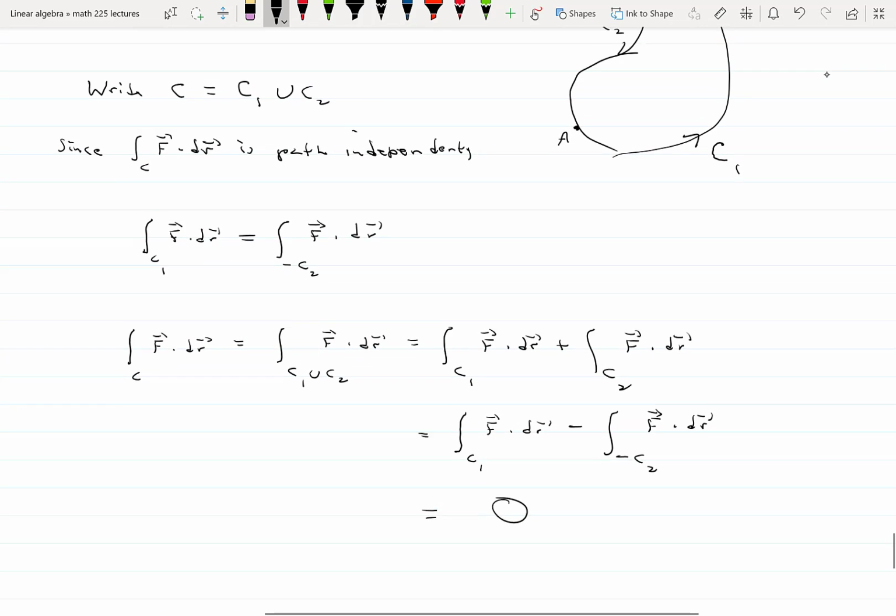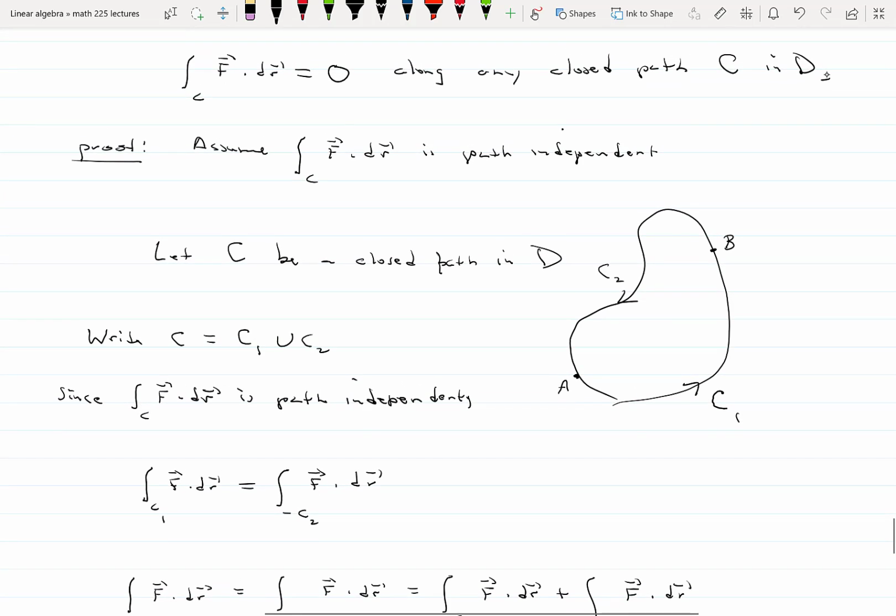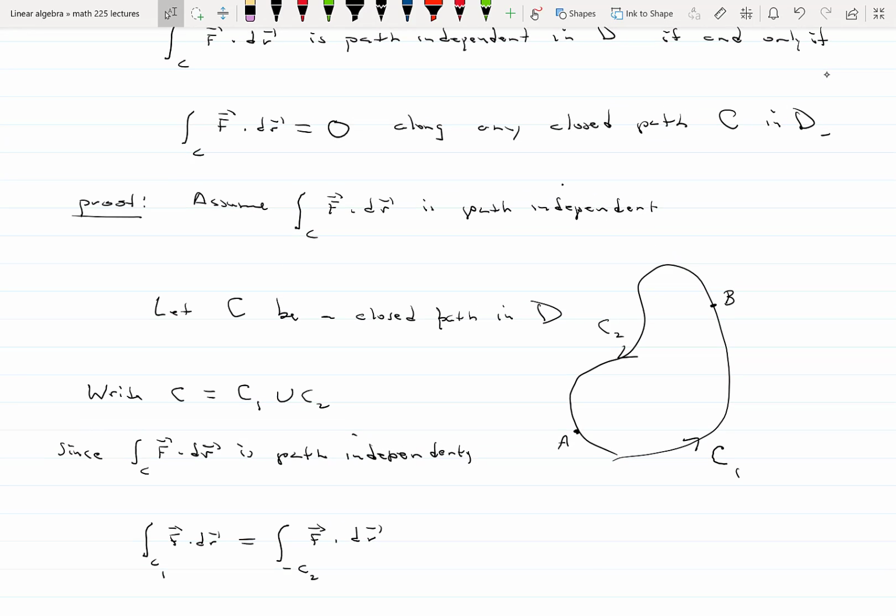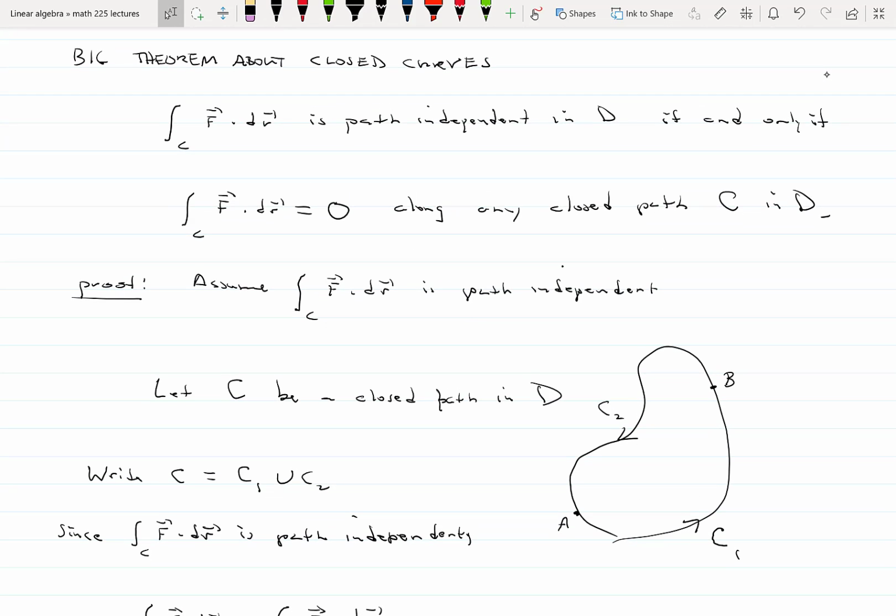Okay, the important thing is that there's a connection between path independence and integrals along closed curves being 0. If you have a path independent integral, if the work doesn't depend on the path to go from one point to the other point, then you're not going to do any work along any closed curve.